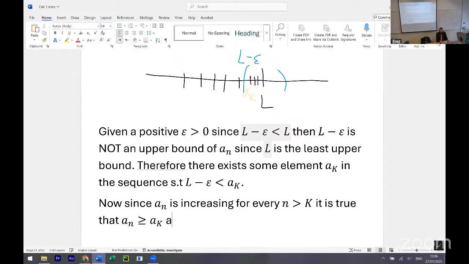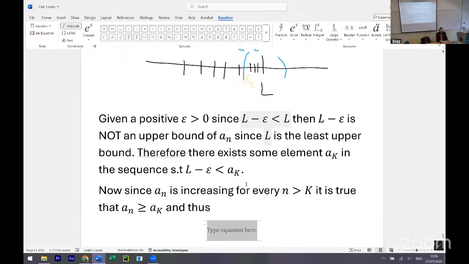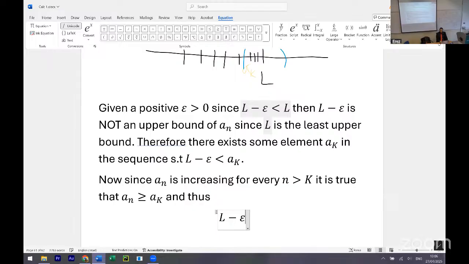And therefore, or thus, L minus epsilon is smaller than A K. The left blue bracket is smaller than some element of the sequence that goes past it, which the rest of the sequence is to the right of.